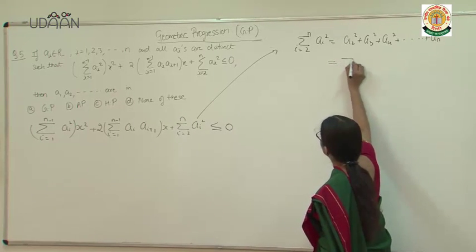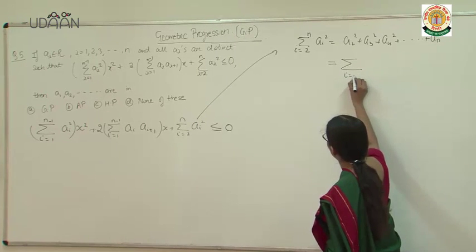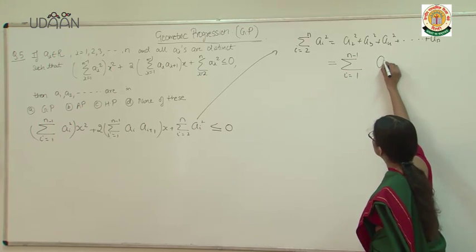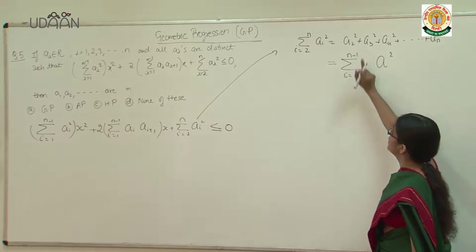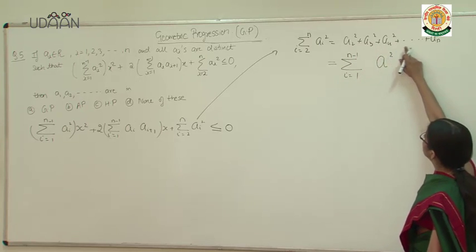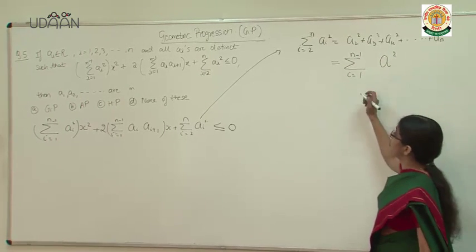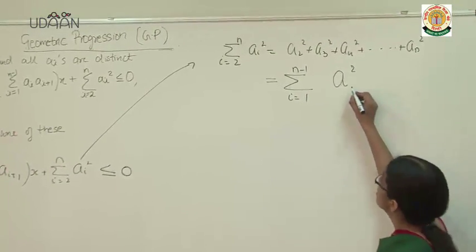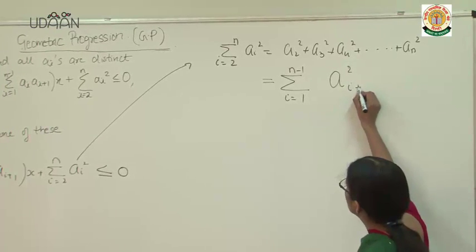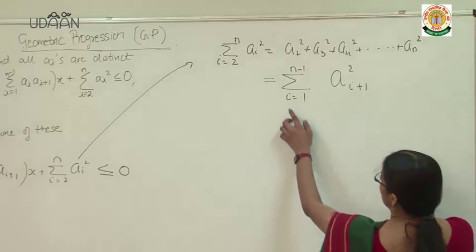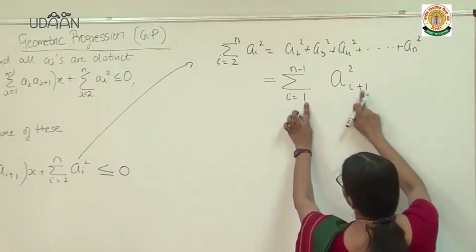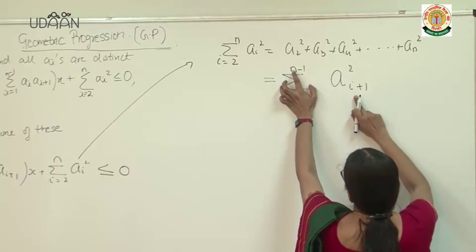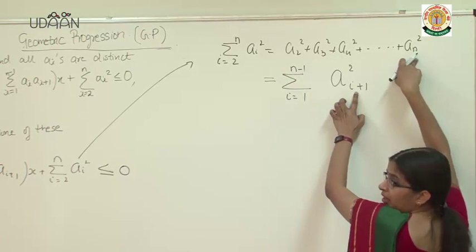What I am trying to say is, I want to write it as i equal to 1 to n minus 1. Can you say what should be the suffix of a? a2 square plus a3 square plus a4 square plus etc. plus an square. I want to write it as i varies from 1 to n minus 1. For that, the suffix of a should be i plus 1. Put in values and see. When I put i equal to 1, it is a2, i equal to 2, a3, etc. Last value i equal to n minus 1, it comes out to be an.